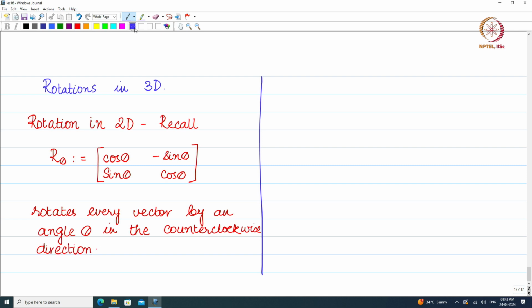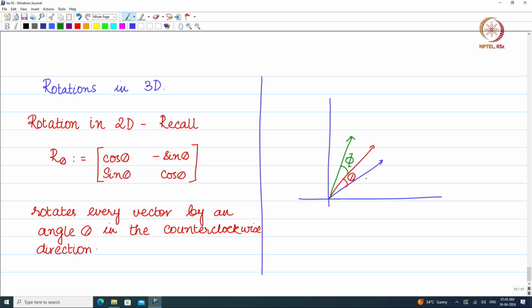And recall that we also did this: let us say we have this 2D space, where I have this vector and I want to rotate this vector by an angle theta in the counterclockwise direction. So this is going to be the new vector, and then I am going to rotate this new vector by another angle, let us say phi.